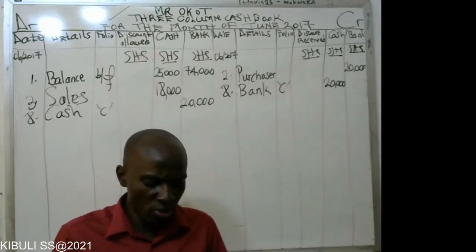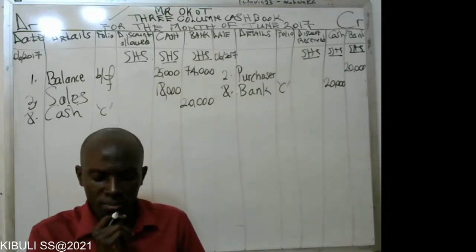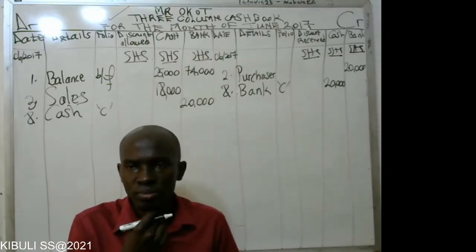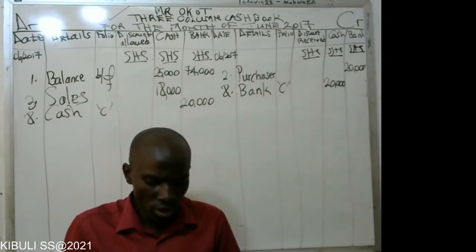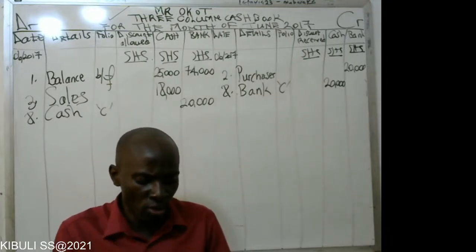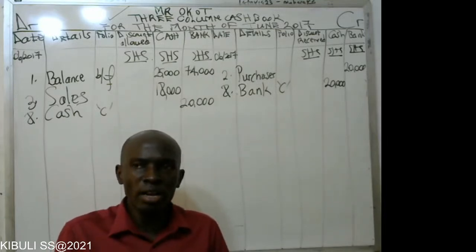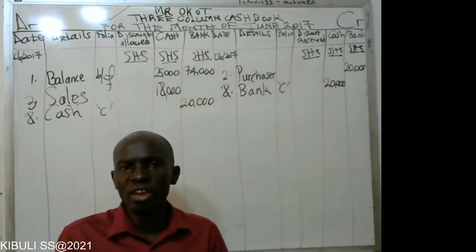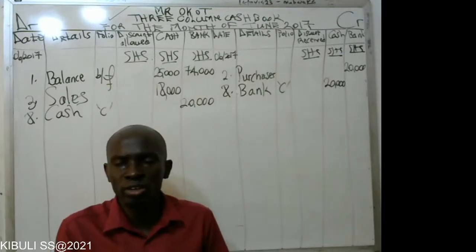Benjamin, 30. Matthew, 32. But you allowed them a discount. So, if originally you demanded 40,000 from Agnes, how much did you receive from Agnes after giving her a discount of 5%? So you need to calculate now.